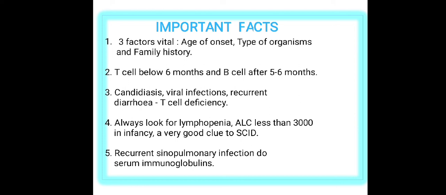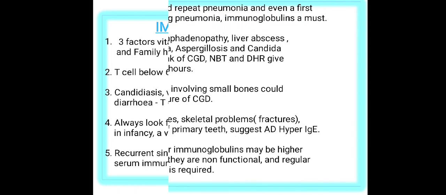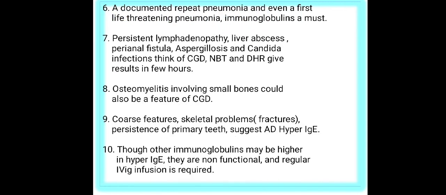Recurrent sinopulmonary infections, you go for serum immunoglobulins. A documented repeat pneumonia, or even a first life-threatening pneumonia, you do immunoglobulins.